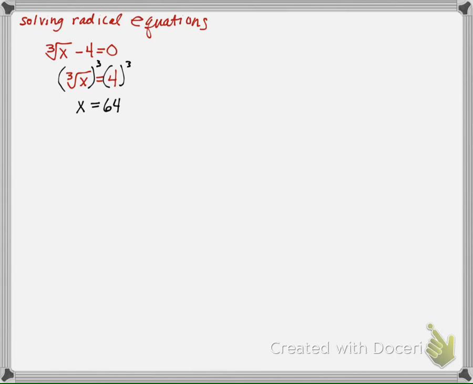Let's try another one. We're going to do the fourth root of x plus 1 minus 2 is equal to 0. Go ahead and work ahead a little bit.